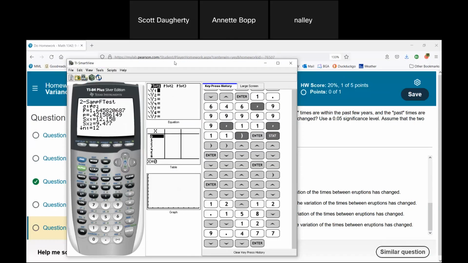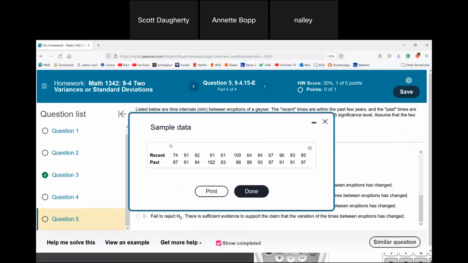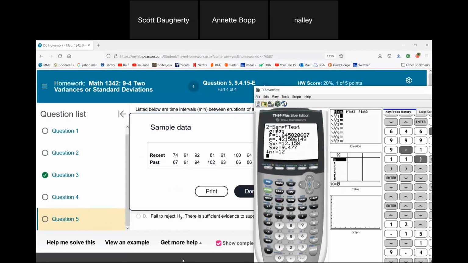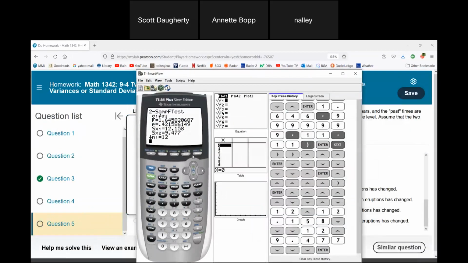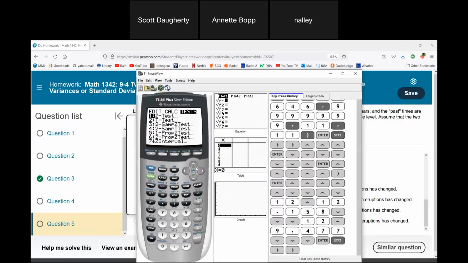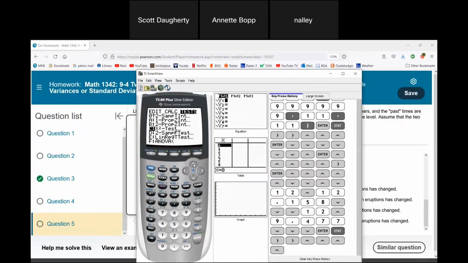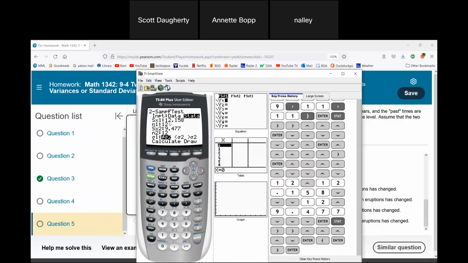So honestly, if I did this problem by hand or from the very beginning, I probably would just put this one into L1 and this one into L2. And then I would just go to the two sample F test and select data. I would have entered the data into L1 and L2, and I would have done it that way. The way I did it was I calculated S1 and S2 by going to one variable statistics, right?